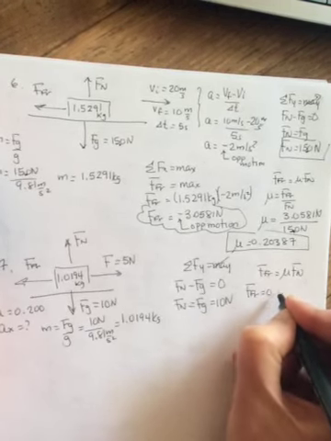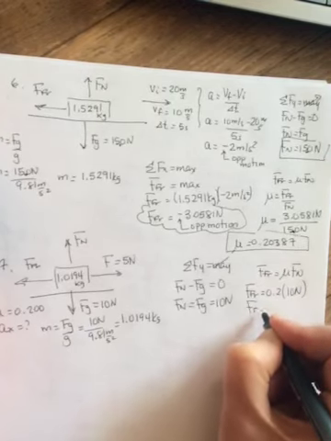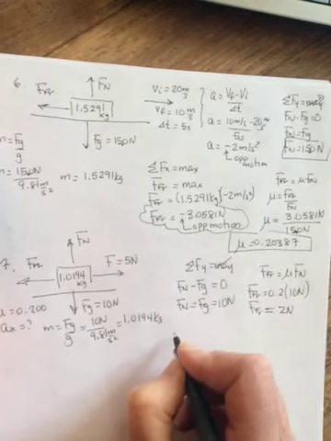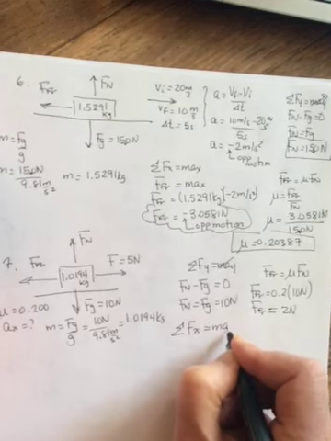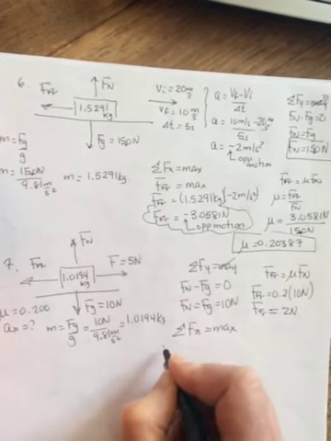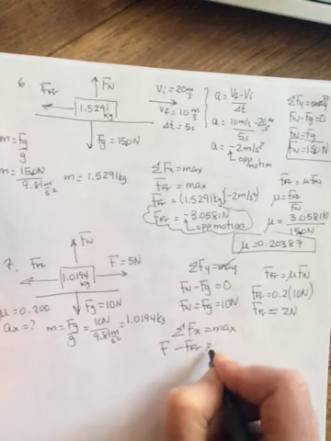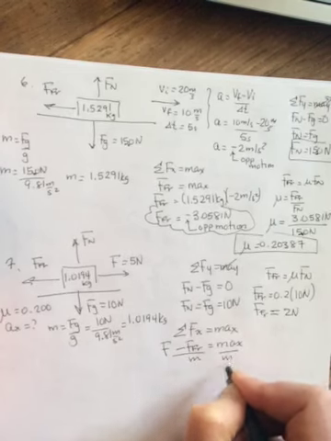Now we can find friction because it's equal to mu Fn, and we have both mu and Fn. So friction is 0.2 times 10 newtons, so friction is 2 newtons. And then you do sum of the forces in the x direction. We're looking for our acceleration, so you have the force you're pushing forward with minus friction is equal to max, divide both sides by m.